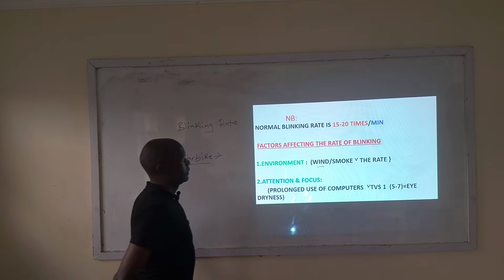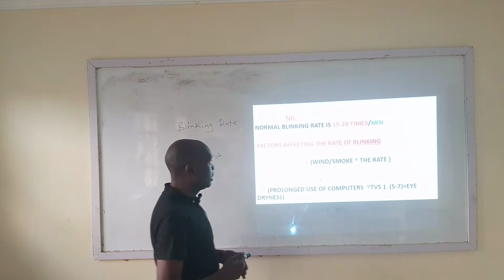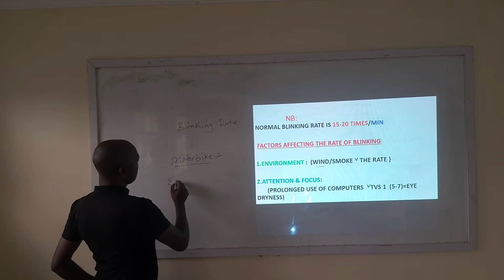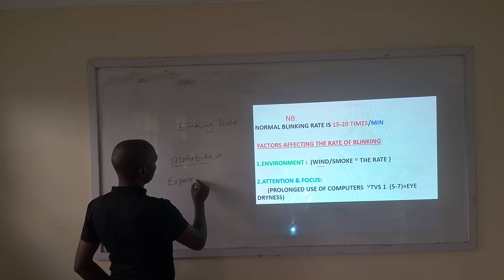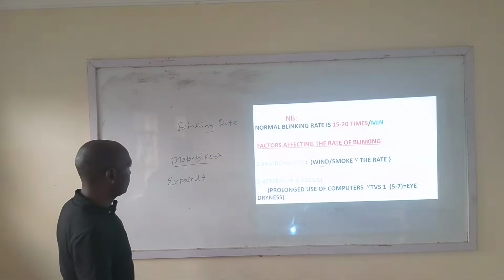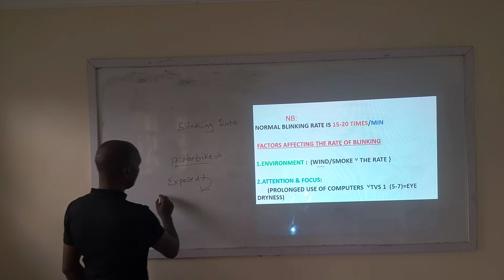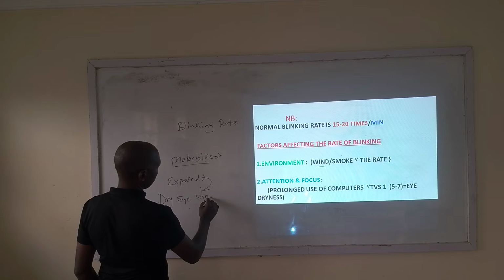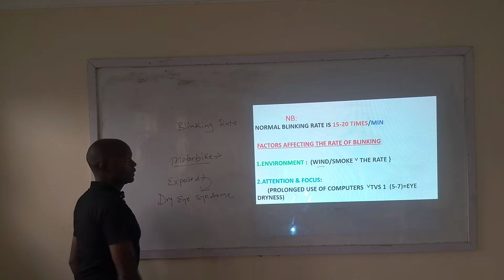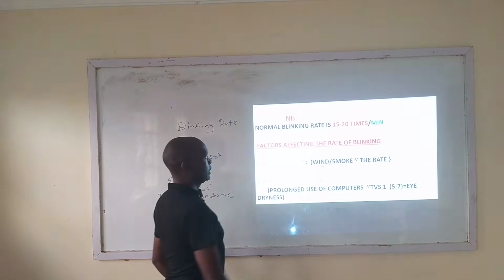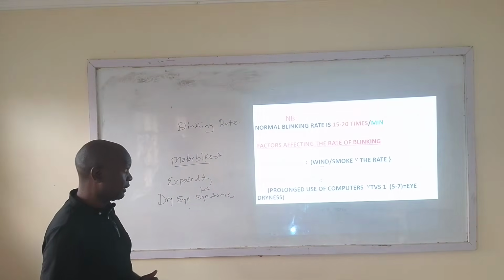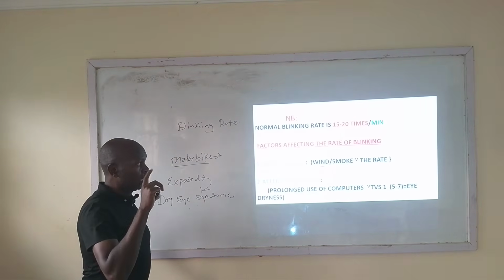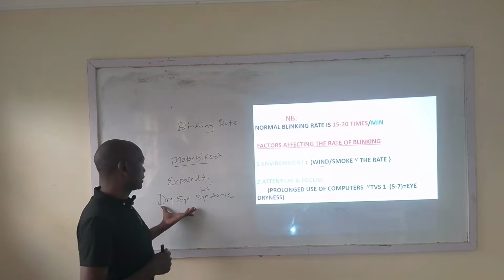And when your blinking rate reduces, then your eye gets exposed. When your eye gets exposed, you get dry eye syndrome. So you can see blinking rate is very important. If you blink anything less than 15 to 20, then it means your eye will be exposed to dryness and you get this dry eye syndrome.